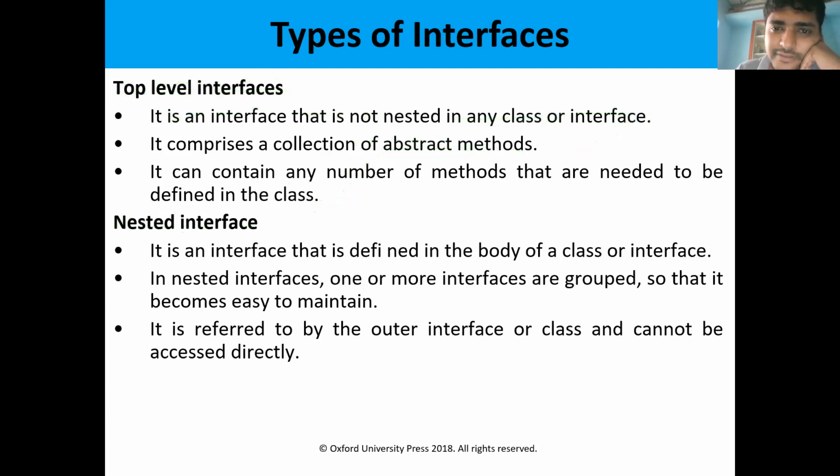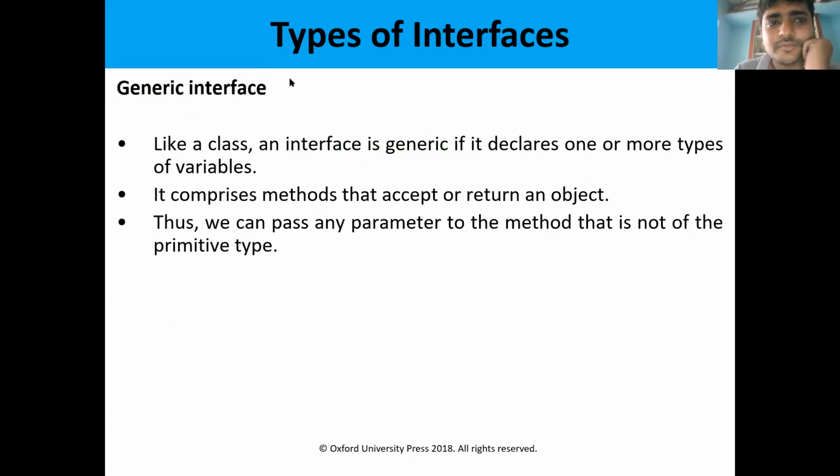Then we have generic interfaces. In interfaces we can have class names and interface names as a data type. We have seen this in previous sessions. For example, String k = Rama.